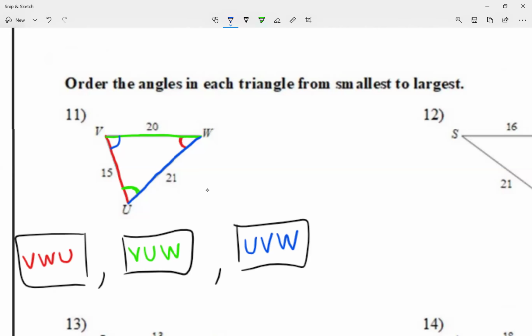So for the first one, if I would have used just W, that works as well. For the second one, if I use U, that works as well. For the third one, if I just type in V, that works as well. However, if you can, try not to get used to the lazy way. All three letters always will work. The lazy way sometimes might work. Again, I'm going to discuss later when it doesn't work.